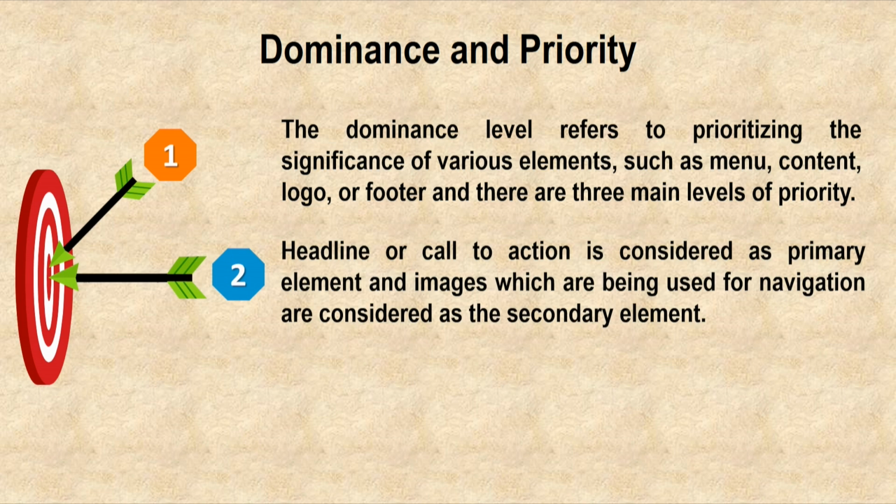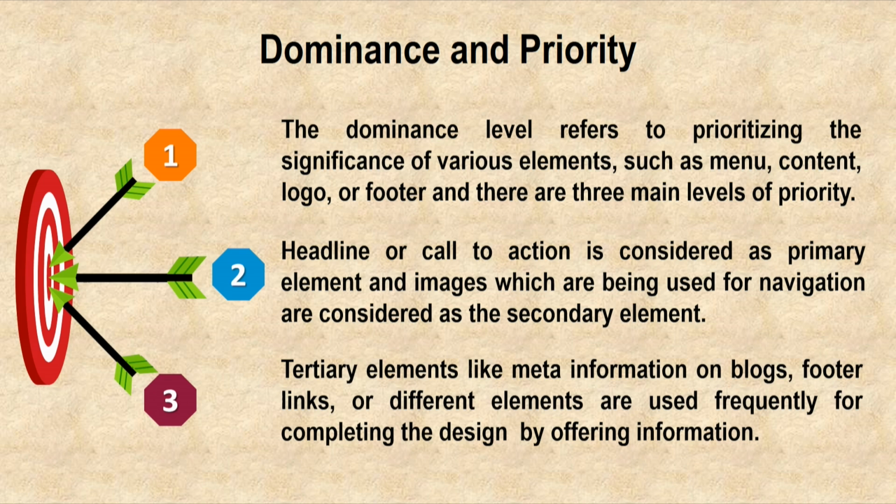Headline or call to action is generally considered a primary element, and the images which are being used for navigation are considered secondary elements. Tertiary elements like meta information on blogs, footer links or other elements are used quite frequently for completing the design by offering various information.